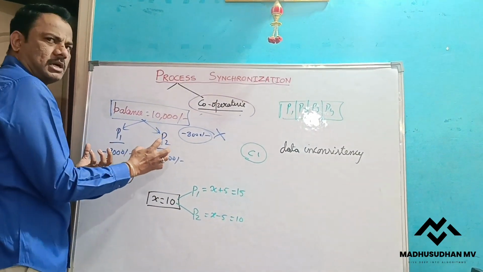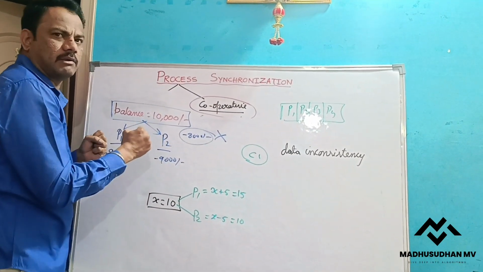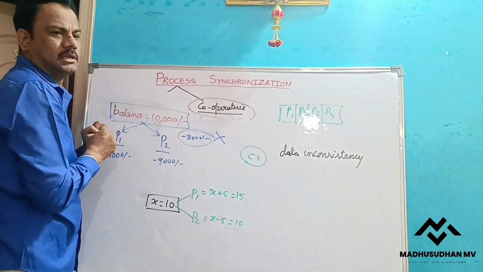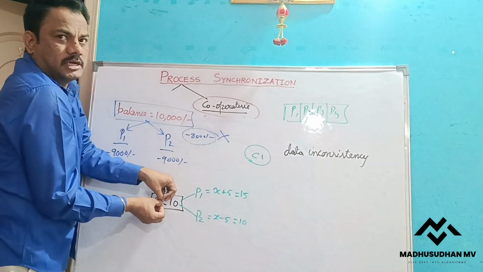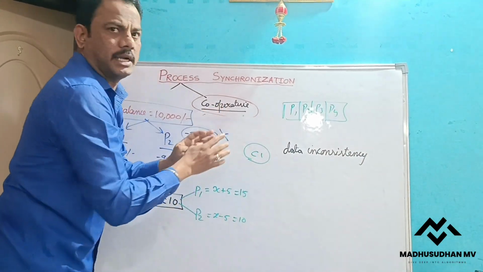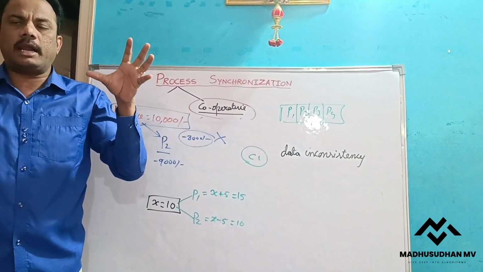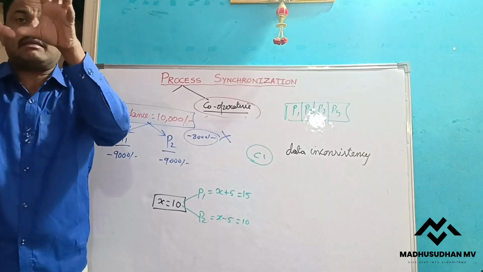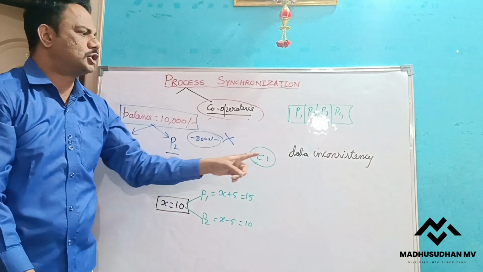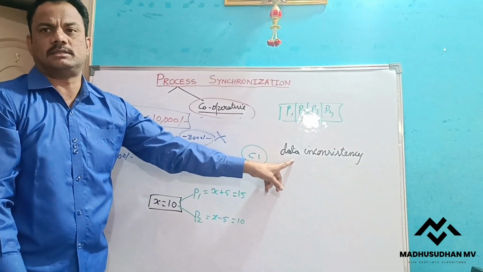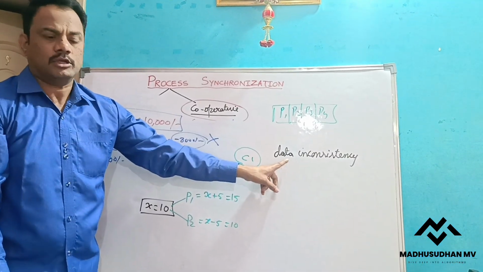I want to get first, like that both are in a race to change the data. Both the processes are trying to book the seat. So when two or more processes enter into the shared region at the same time, it leads to data inconsistency. That is the problem.